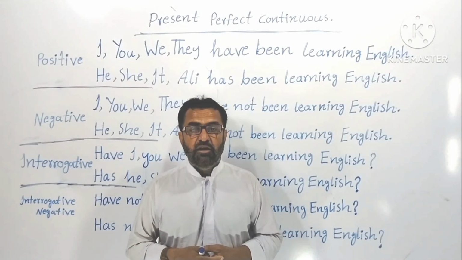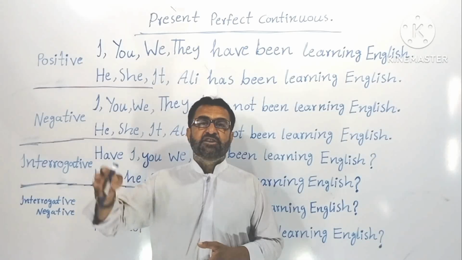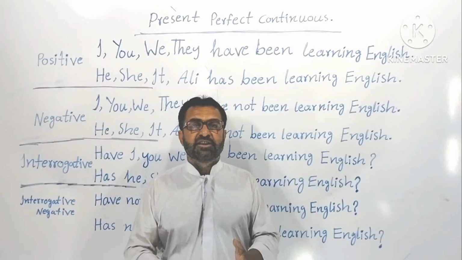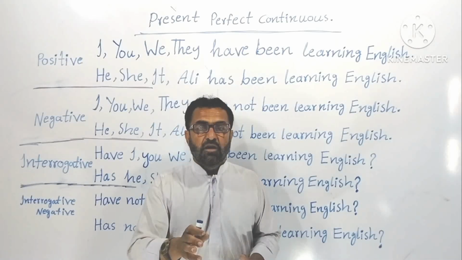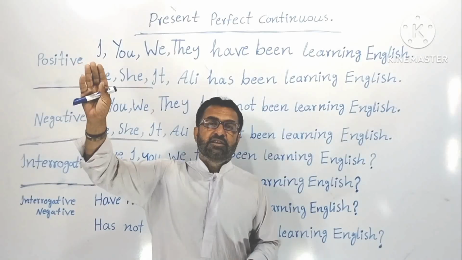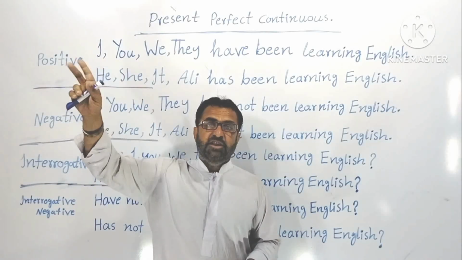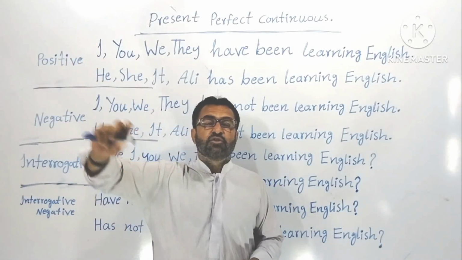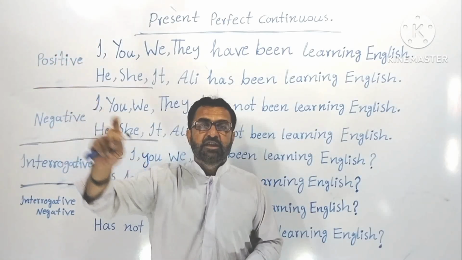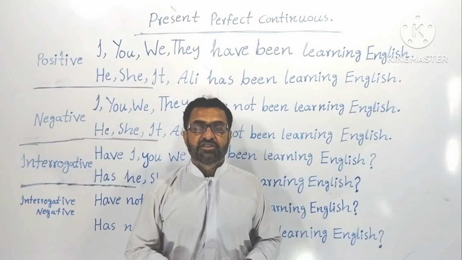When you want to mention the beginning of that action, I mean in present perfect continuous, the time the action started, only that beginning point, then you'll have to use since.